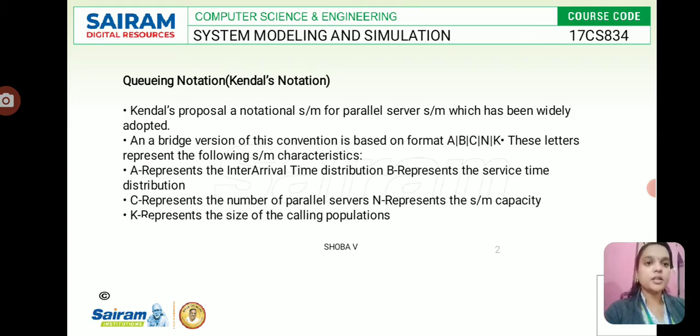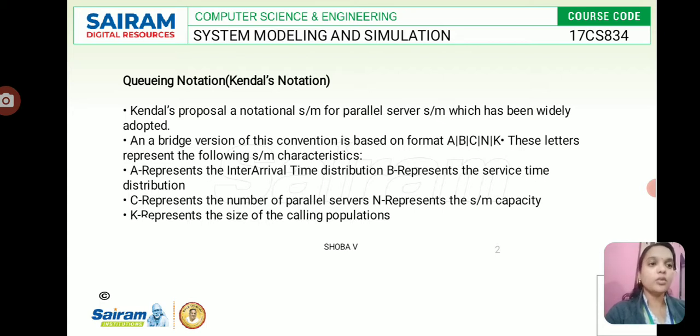A represents the inter-arrival time distribution, B represents the service time distribution, C represents the number of parallel servers, N represents the system capacity, and K represents the size of the calling population. The calling population can be either infinite or non-infinite, countably infinite.